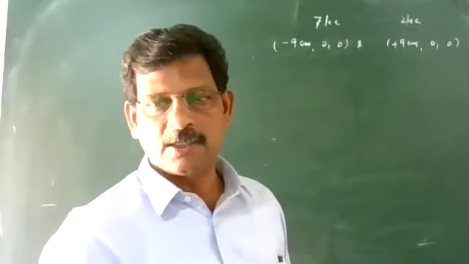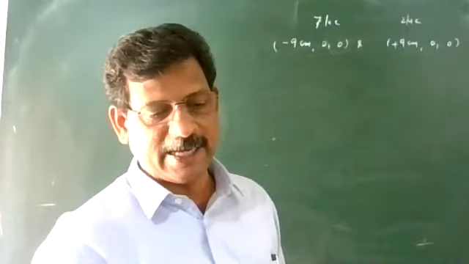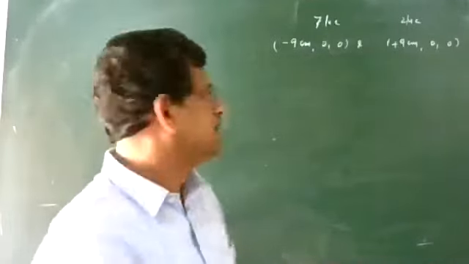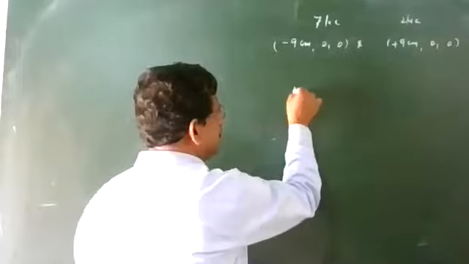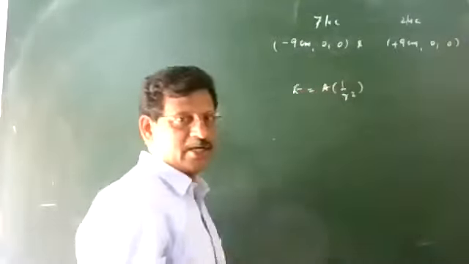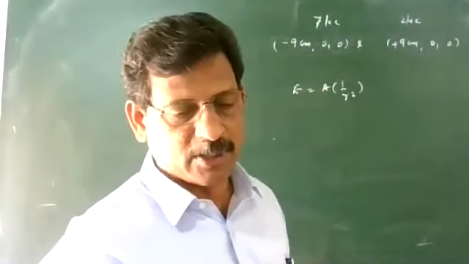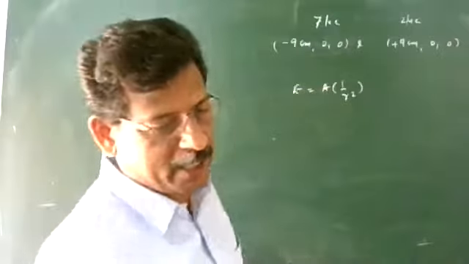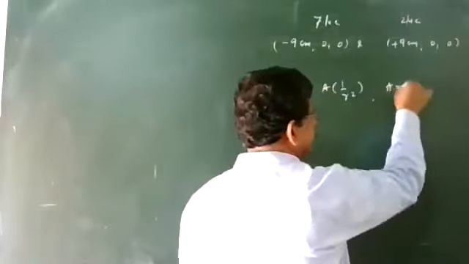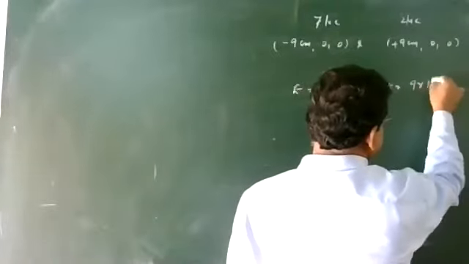Third part, suppose the same system is placed in an external electric field given by E equal to A times 1 by r squared. So the electric field varies with distance, it is not a uniform electric field, where the value of A is given as 9 times 10 to the power 5 SI units.